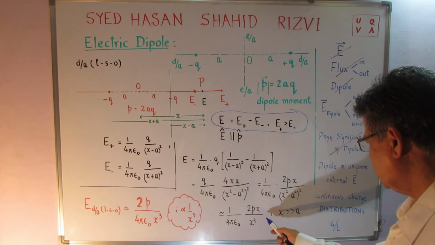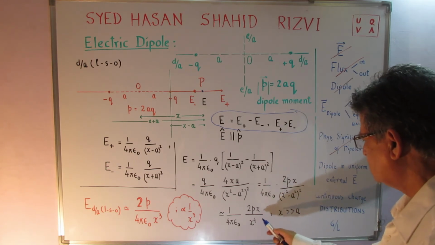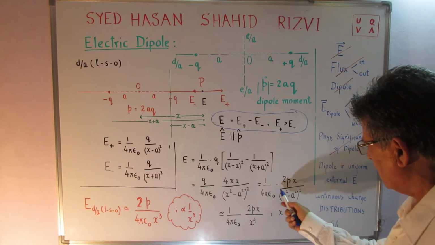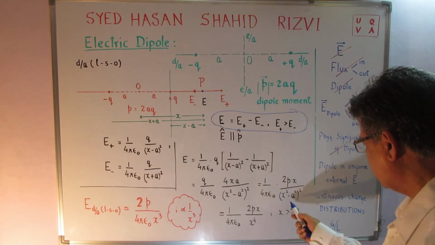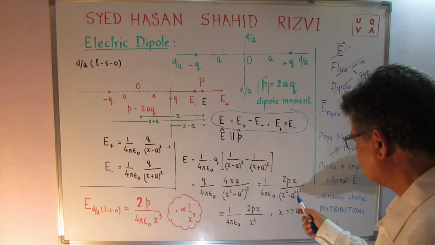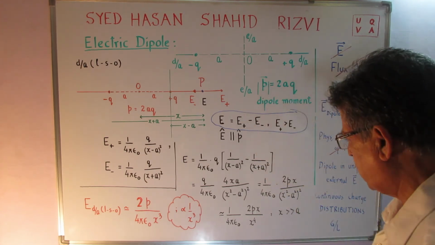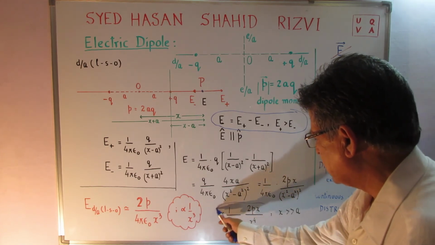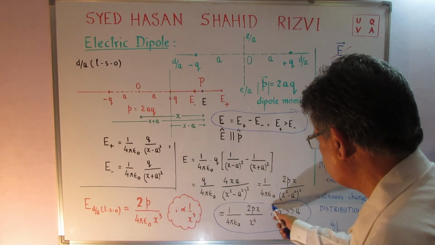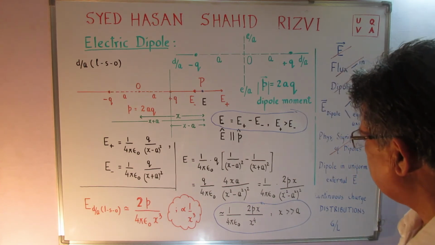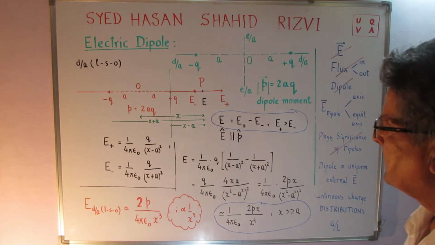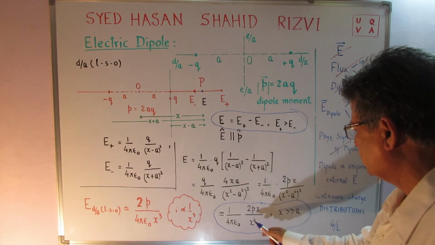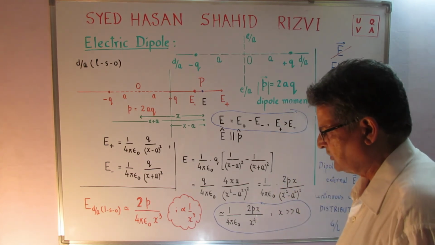And which I write here again so that I can cancel one of the x, because first of all I'll say that x is very, very large as compared to A, so this is negligibly small. Okay, and I can write this as an approximation, and I get a value like this under the condition that x is very, very large as compared to A. So finally, friends, this one x cancels, and here I'll get x cubed.